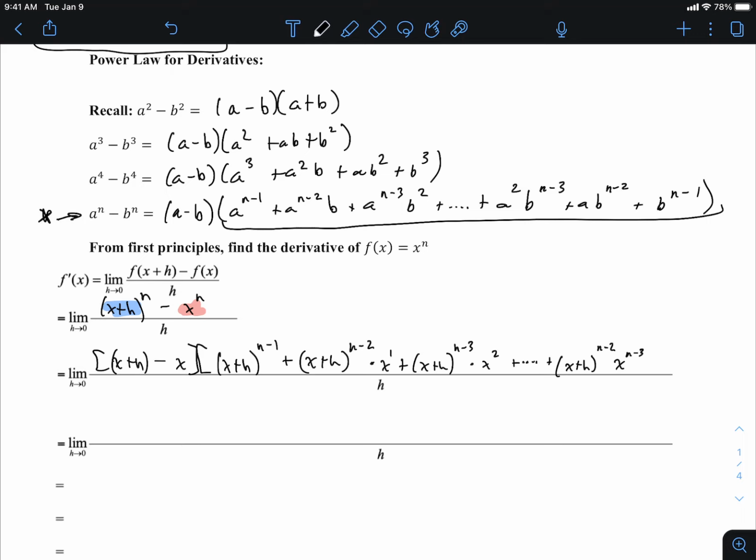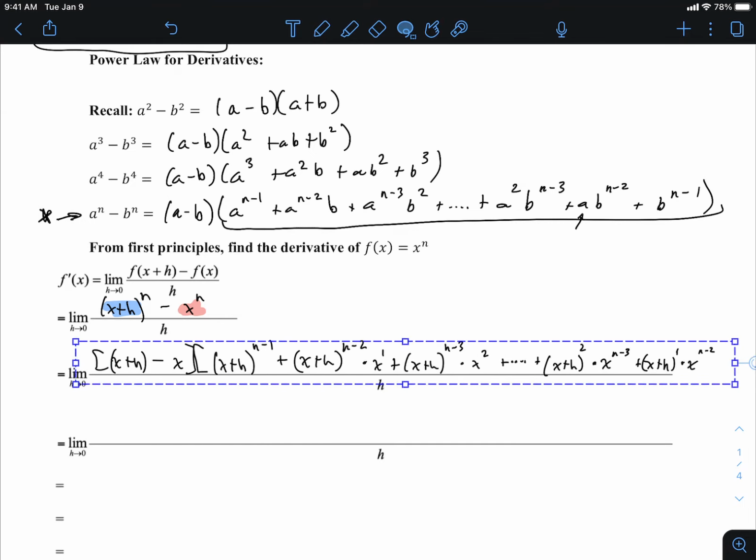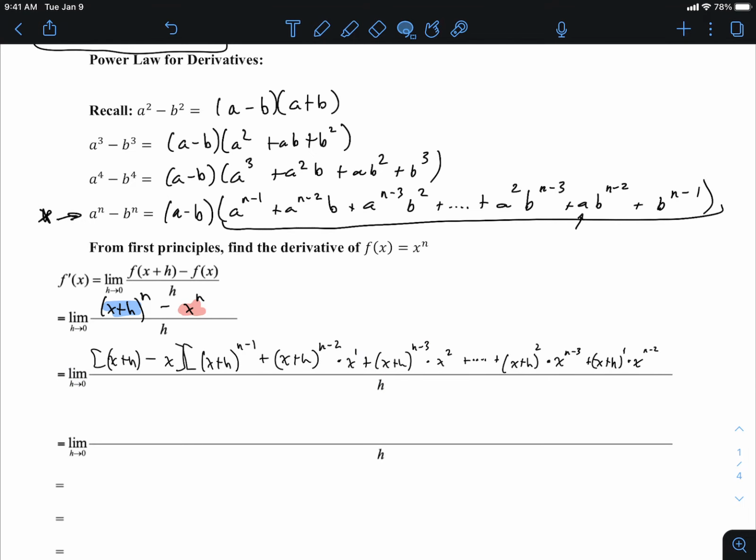That's not an n minus 2, that's the squared. And plus x plus h to the power of 1, that's this one here. And then we're going to have x to the n minus 2. And finally, I'll try to move this over or shrink it. Finish this off, plus x to the n minus 1.